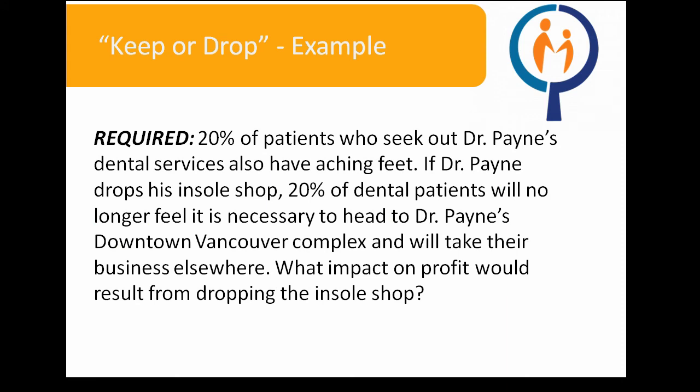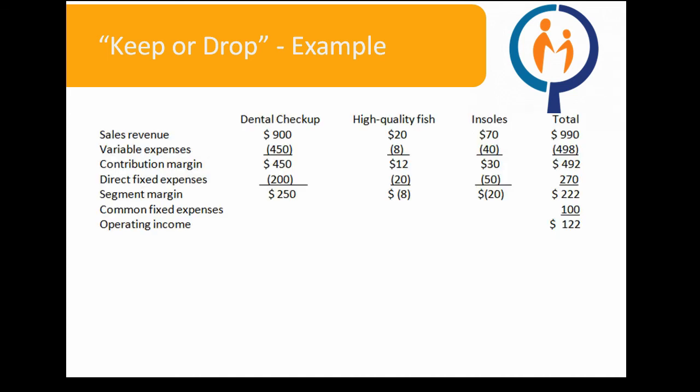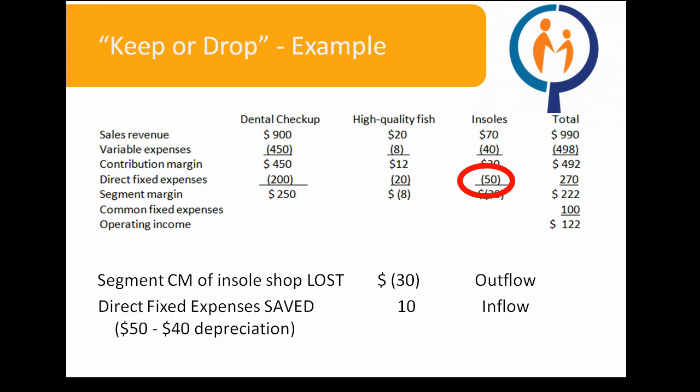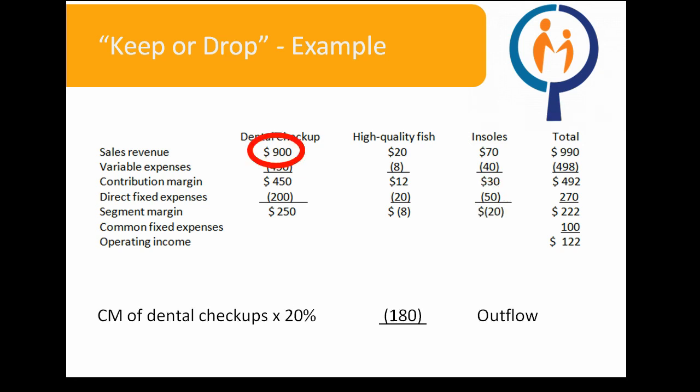What if Dr. Payne also loses patients in one of his other service lines? Again, compare segment contribution margin lost to direct fixed cost saved. If we drop the insole shop, we would lose the $30 segment contribution margin, but in return, we would gain the $10 direct fixed costs. In dropping the insole shop, we will also lose 20% of dental checkup customers, so we therefore lose out on the segment contribution margin of 20% of dental checkup customers, or $180.